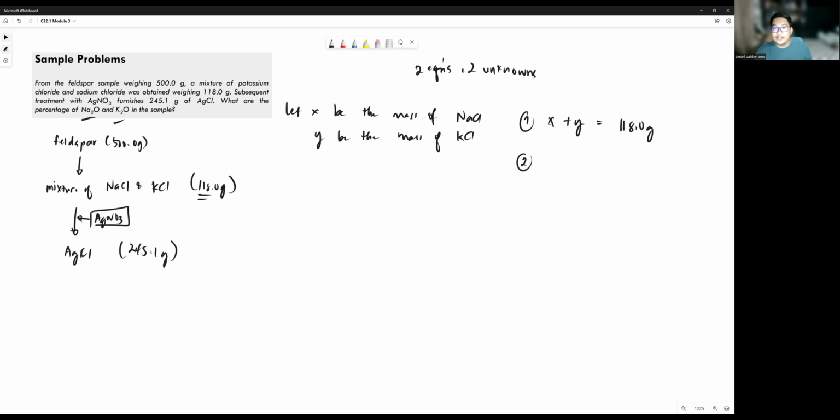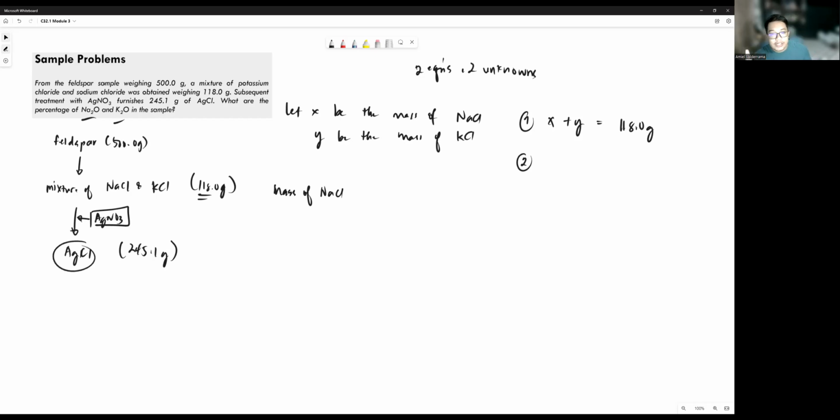For the second equation, we will apply our gravimetric factor. Since we have a mass of NaCl, and as you can see here, there is AgCl as a final product.